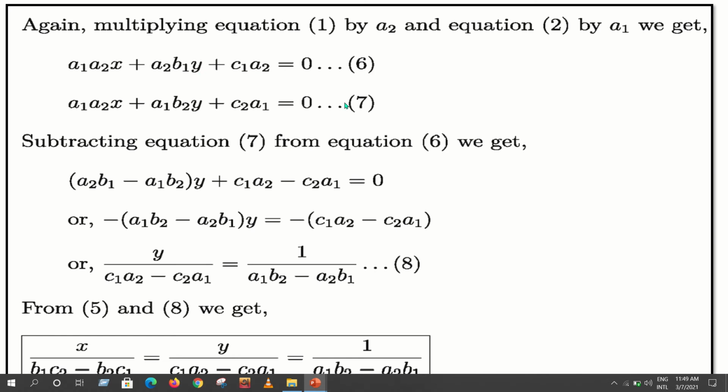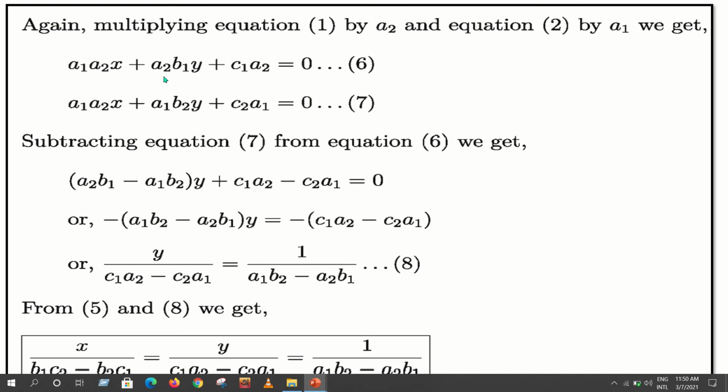This is equation number 6. And here will be a1 a2 into x plus a1 b2 into y plus c2 a1 equal to 0. This is equation number 7. Now subtracting 7 from 6, we'll get the x part, and this x part will cancel.